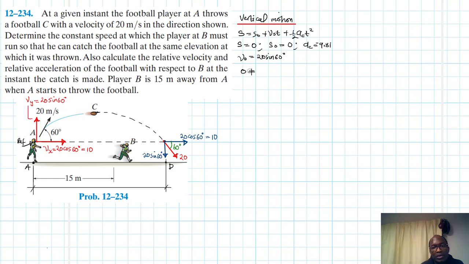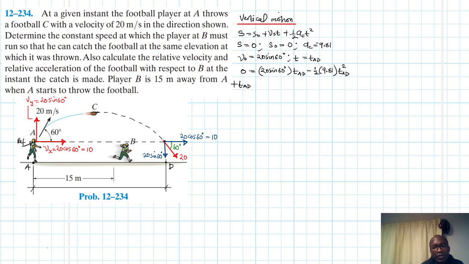So we'll have 0 equal to 20 sine 60 times T, where our T is T_AD, minus half 9.81 T_AD squared.